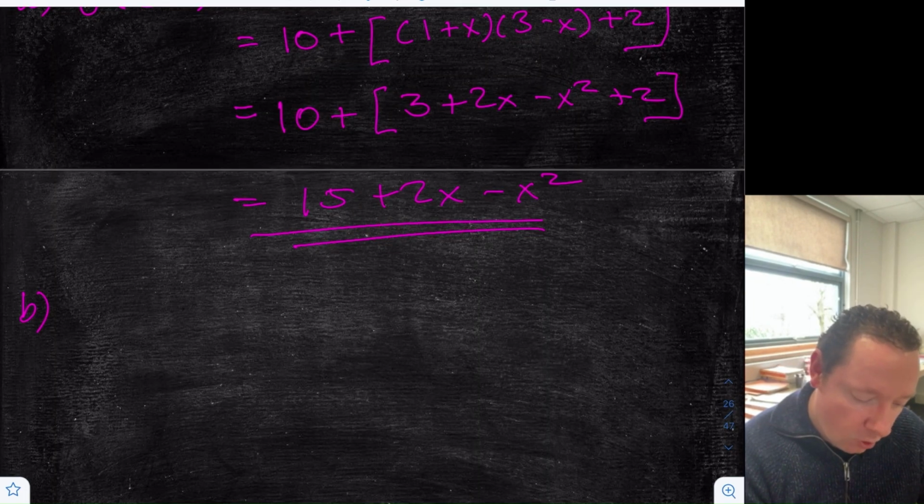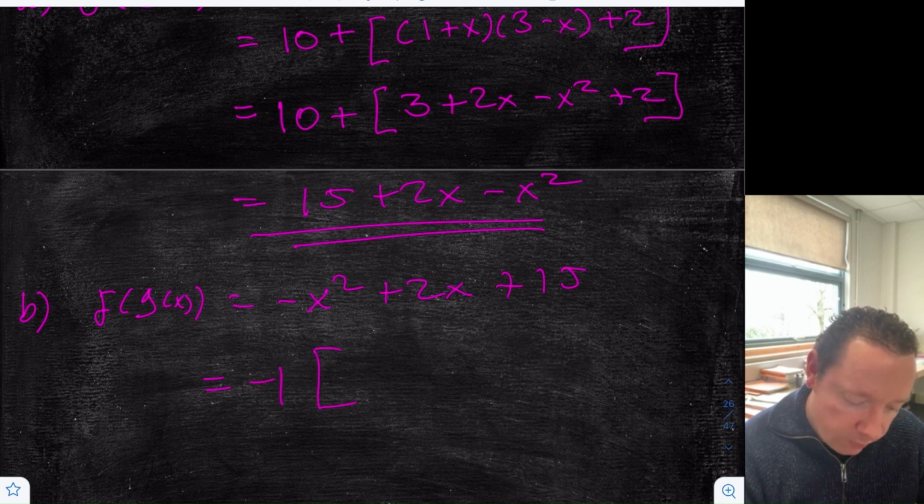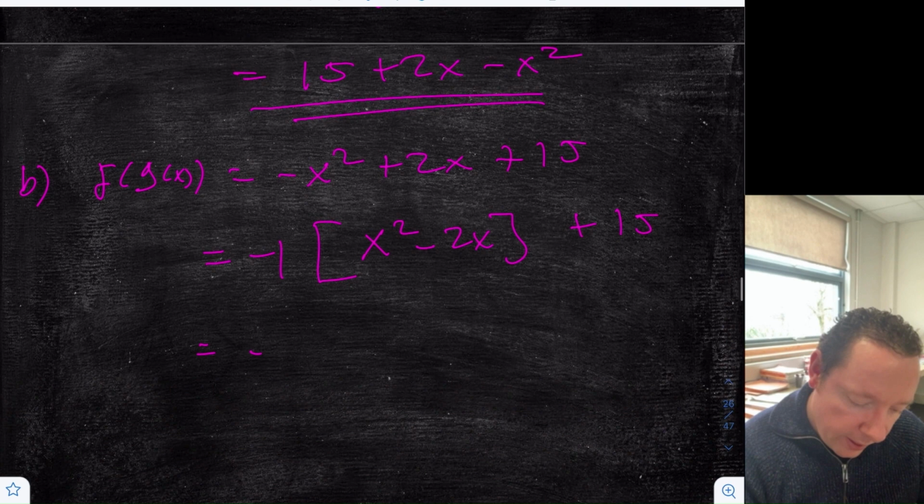Part B, I've got f of g of x equals minus x squared plus 2x plus 15. So taking minus 1 out as a common factor of the first two terms, I get x squared minus 2x. I've still got plus 15 on the end. So that gives me minus 1, x minus 1 squared, half the middle term, and then take away minus 1 squared.